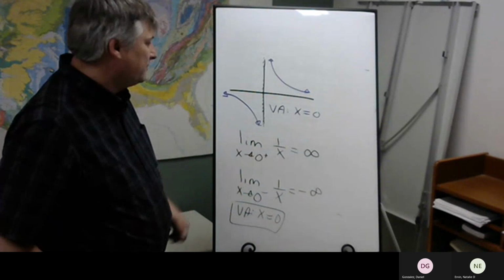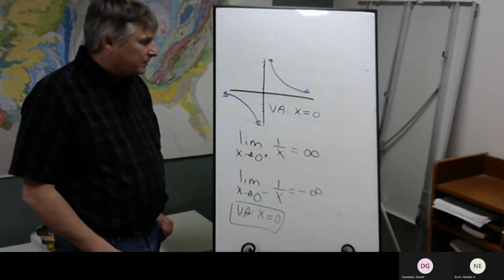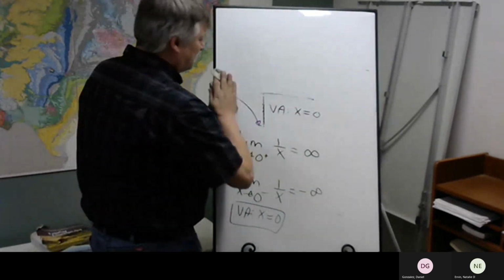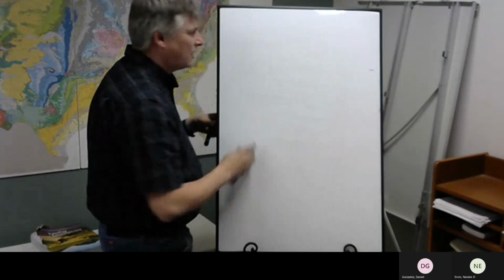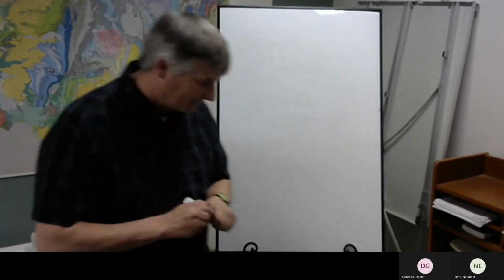Now, one thing that helps with these kinds of problems, it does help to graph the function, see what it's doing. So this is where graphing software or a graphing calculator, something like that, could be really helpful.